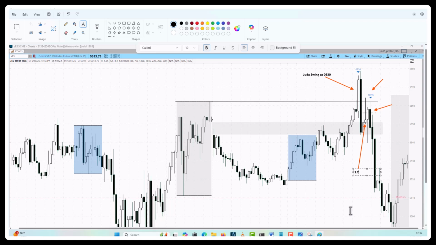So it's a test from below. That's the first step. And then you have a second, which is the test from the level right here, right?